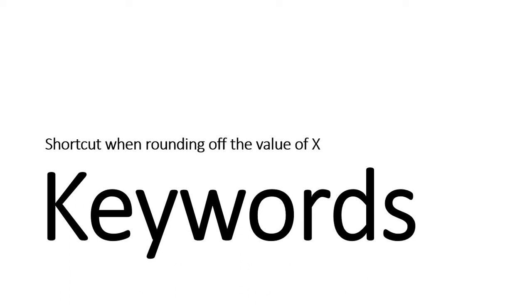By default, if there is no specific rounding off given, we automatically assume that we are rounding off to the nearest whole number, because we are adding or subtracting to the value of x. Why are we adding or subtracting? It's because by literally defining the keywords, we will be able to identify if these values will be included or not. Hence, we add or subtract.